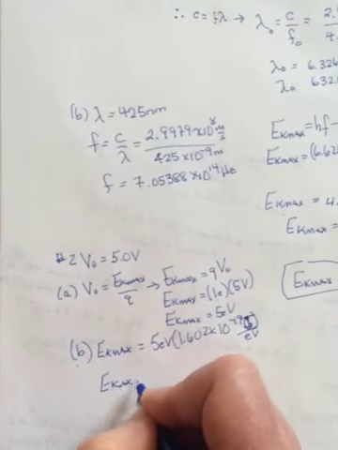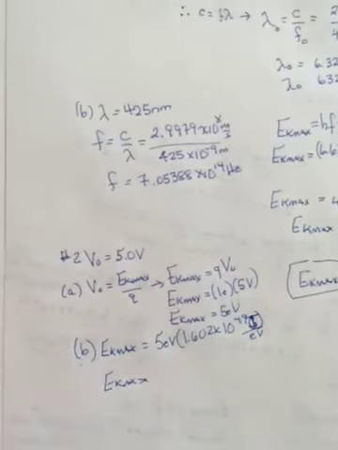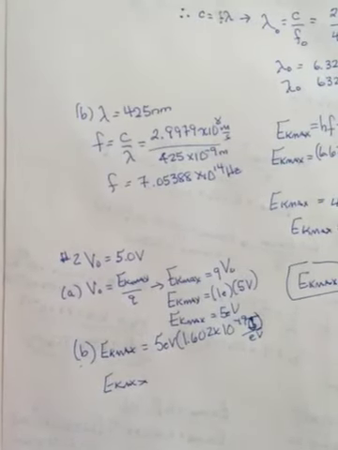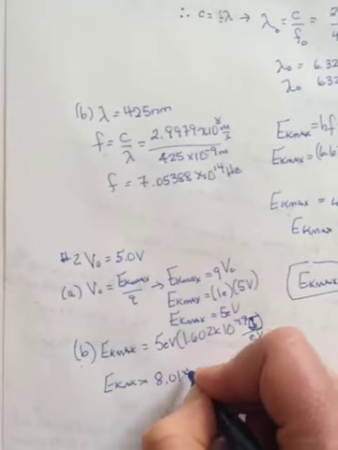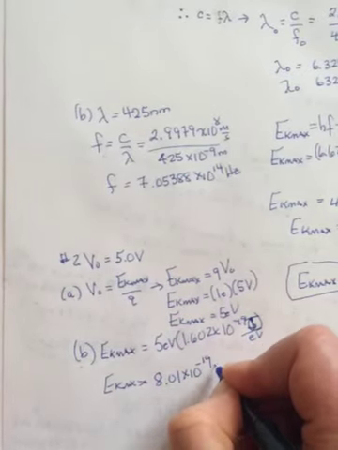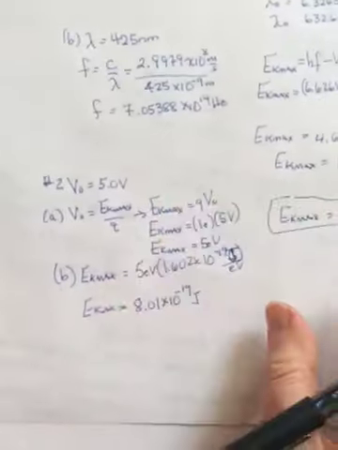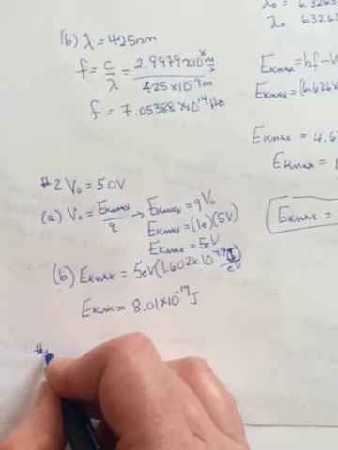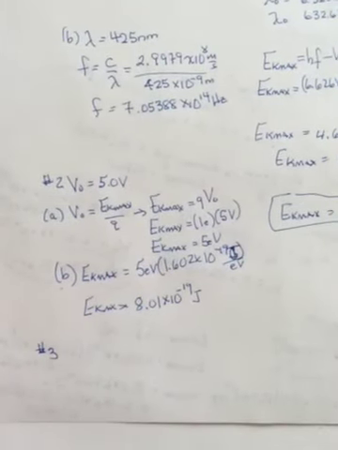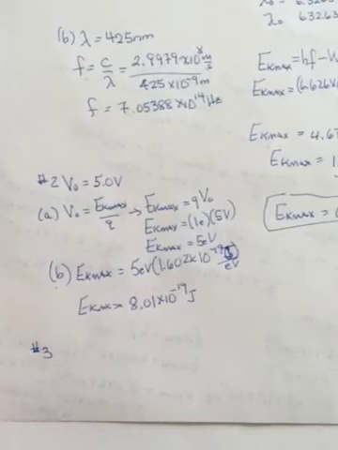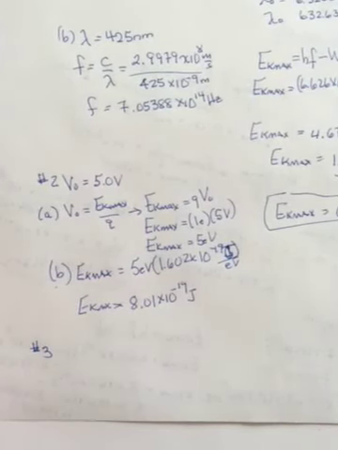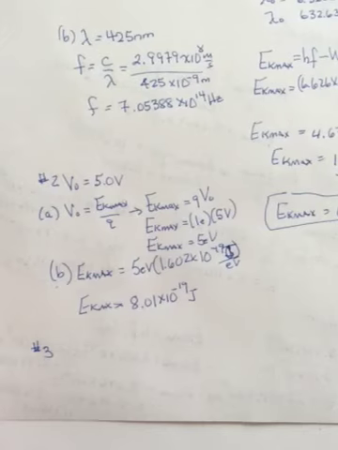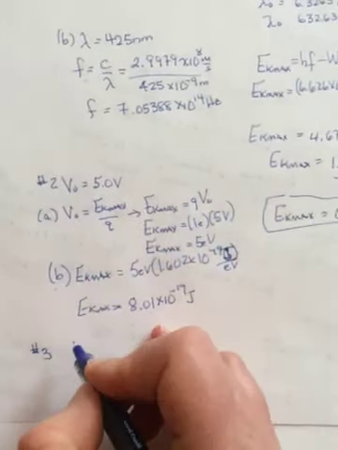EK max is equal to 8.01 times 10 to the negative 19 joules. Number 2. Number 3 says, to block the current in a photocell, a stopping potential of 3.8 volts is used. Find the kinetic energy in joules.